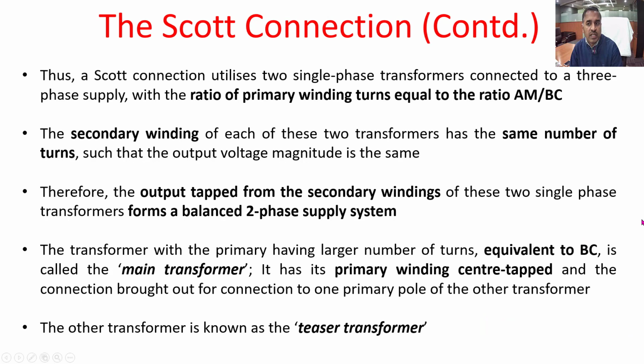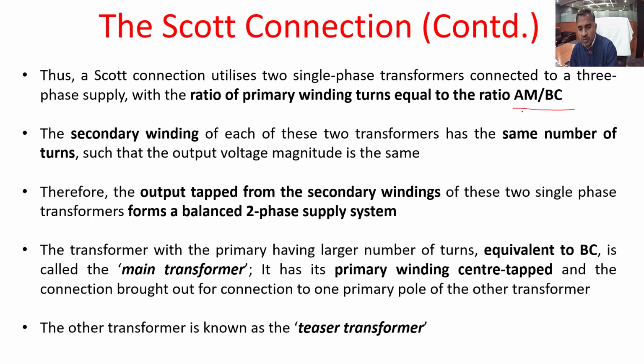Thus a Scott connection utilizes two single-phase transformers connected to the three-phase supply with a ratio of primary winding turns equal to the ratio AM by BC. The primary winding ratio should be in this ratio. Why is it required?